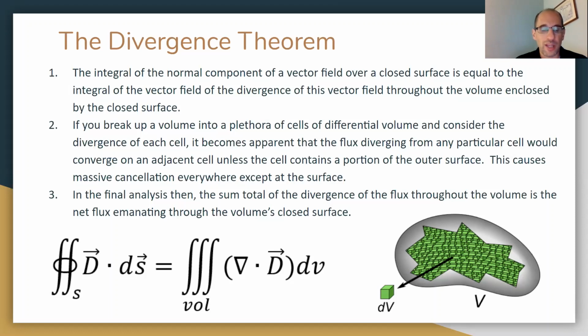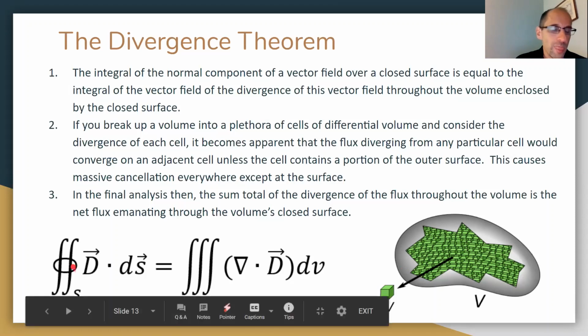And it's all about what's happening at the surface. In other words, the total electric flux density that's emanating out of the surface, which you find by integrating the electric flux density at the surface over the entire closed surface, is equal to the volume integral of the divergence over the entire volume.